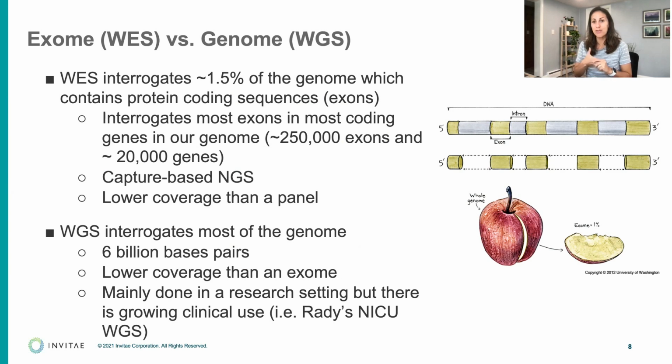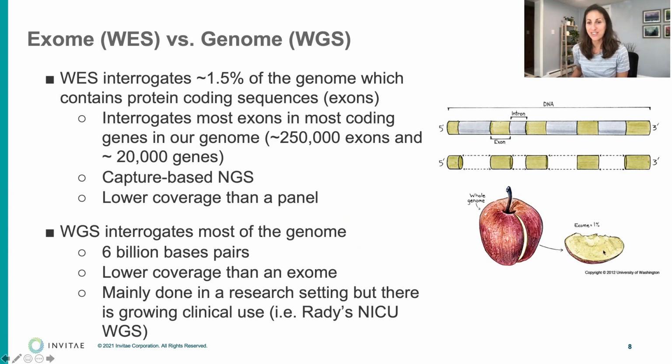This is most of the genes that we know may be linked to disease, or genes where we understand that they at least produce a protein, all the coding exons for those genes. And again, it's using that capture base to pull the pieces that we know we understand, and that's what's called the exome.